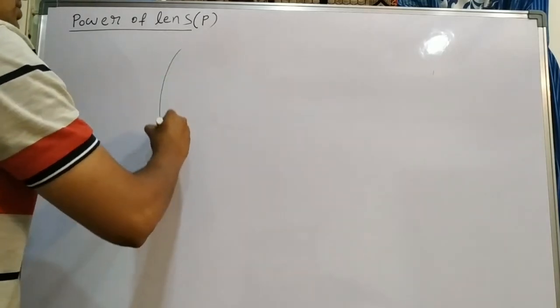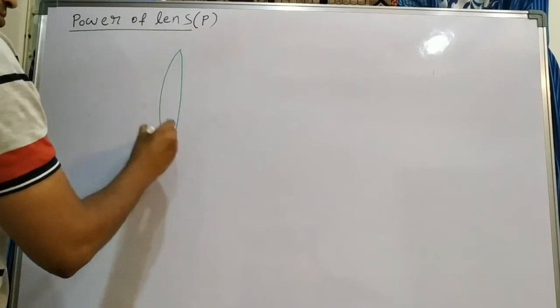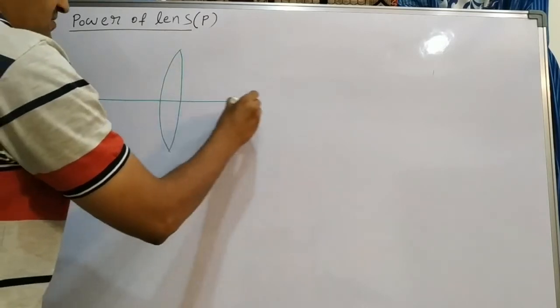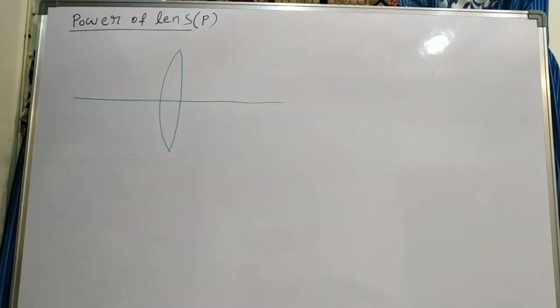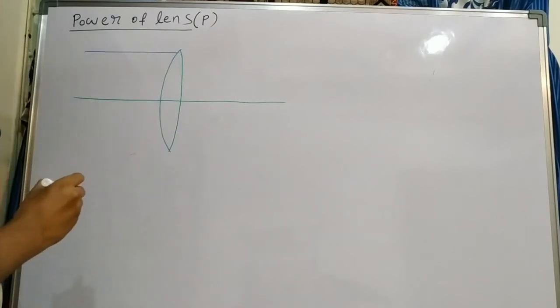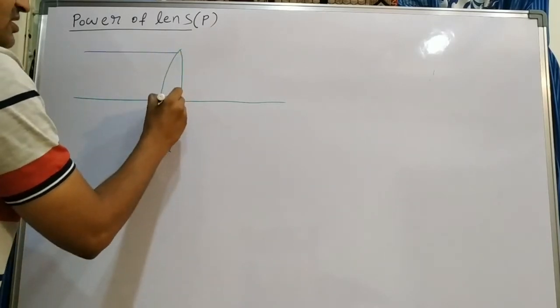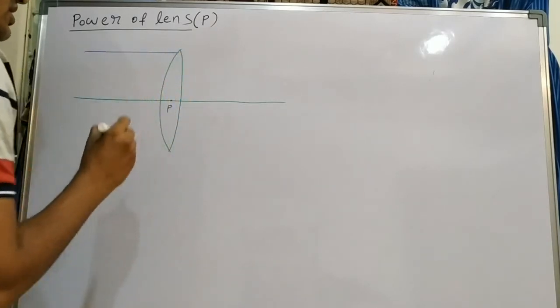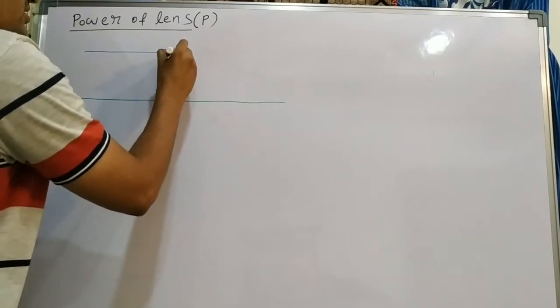Suppose you can assume a lens, and this is the principal axis. If a ray is passing parallel to the principal axis, at a height you can take, this is the center of the lens, nothing but the optic center.